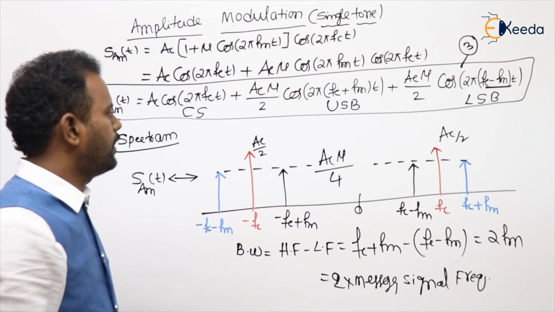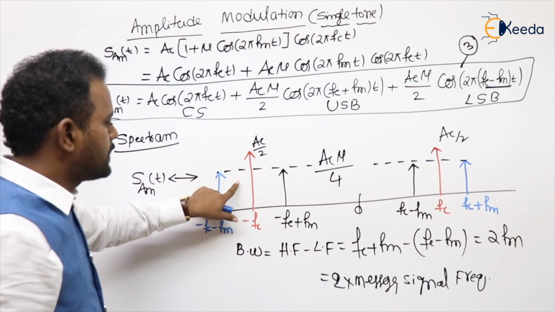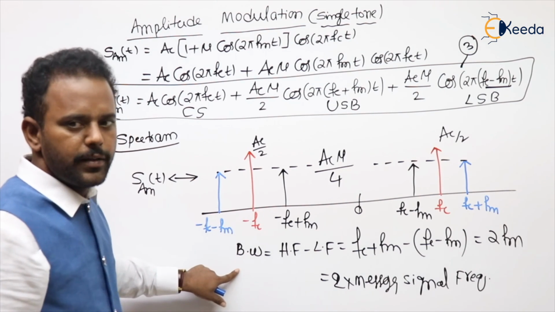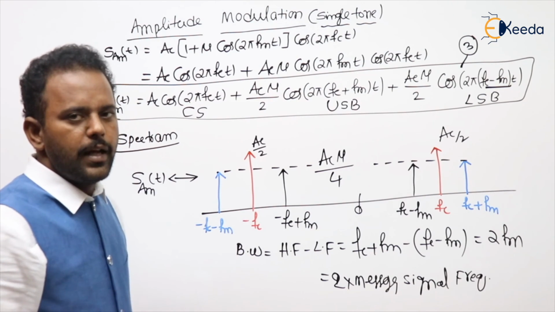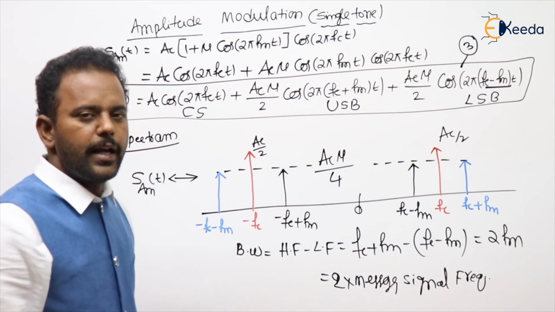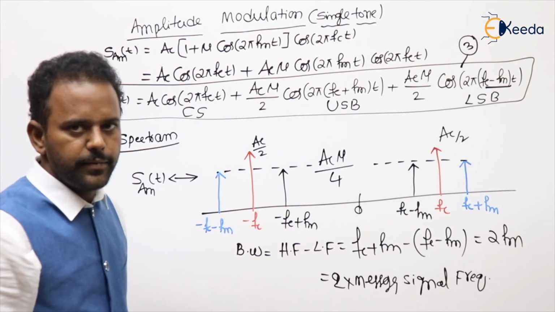Got my point? This is another expression of singleton AM. This is the spectrum. This is the bandwidth. Now we will see the power calculations like efficiency, current equations, voltage equations. Further will extend. Clear?